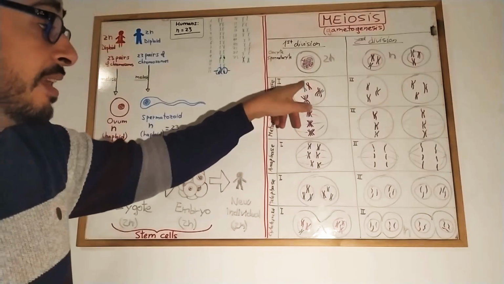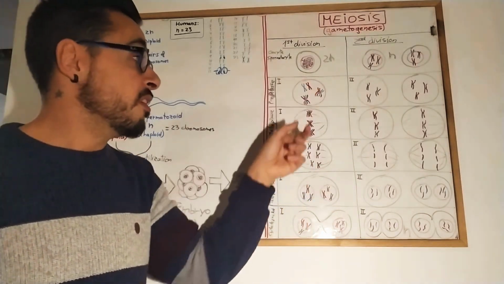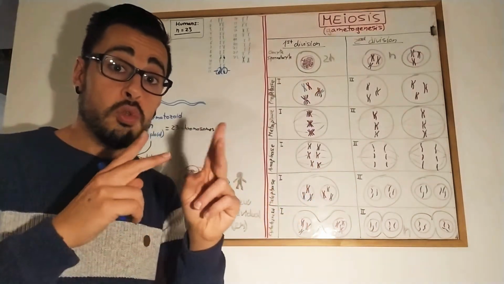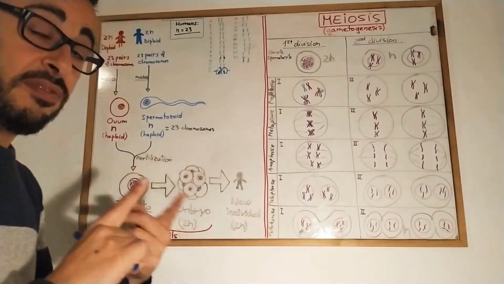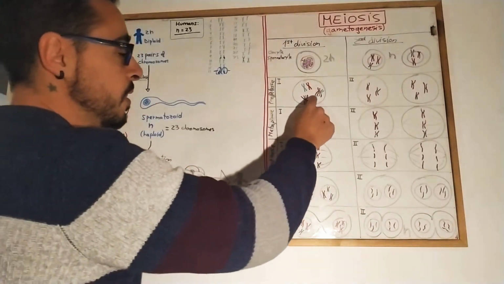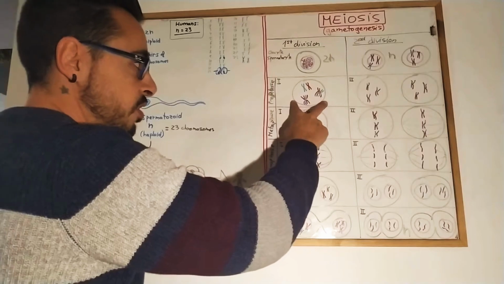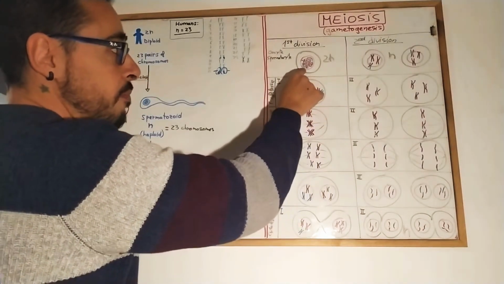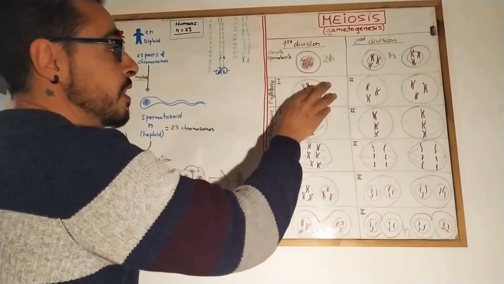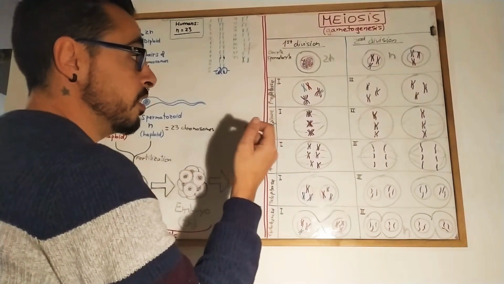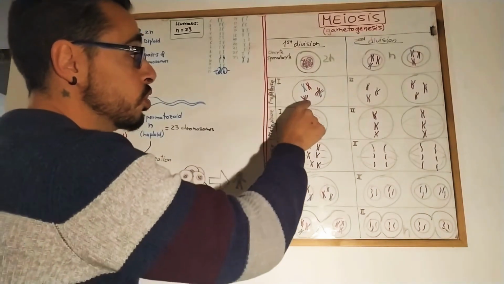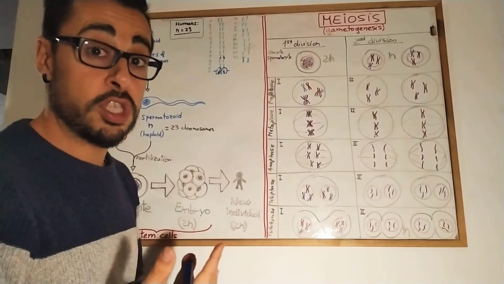So the cells that are going to result from here are going to be two different cells. During prophase, the nuclear envelope disappears, the DNA coils forming chromosomes, and the chromosomes do the crossing over.